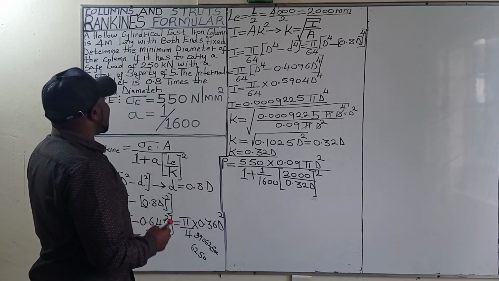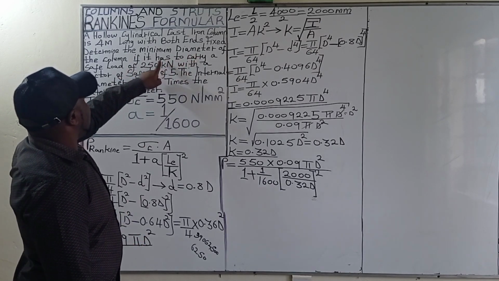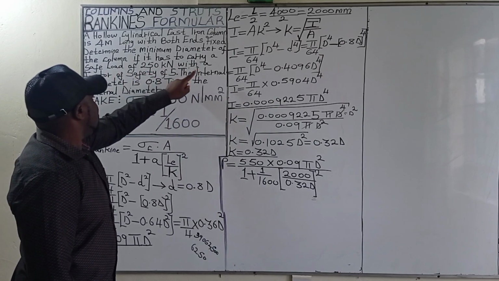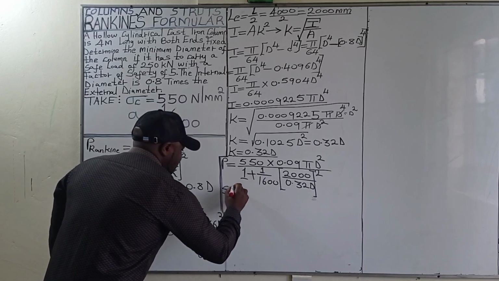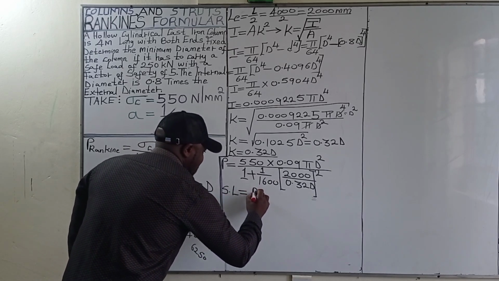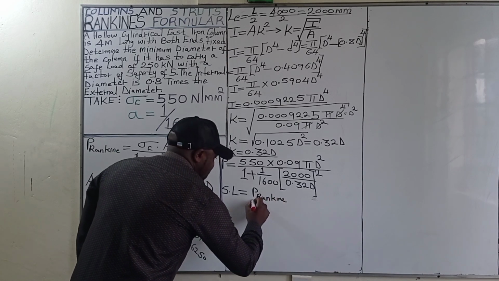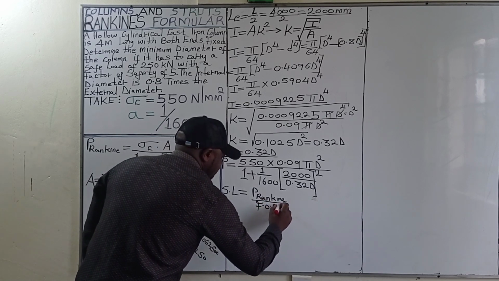So somewhere we have been told that the column has to carry a safe load of 250 kilonewtons with a factor of safety of 5. And we know that safe load is usually given by the crippling load by Rankine, that is P Rankine divided by the factor of safety.